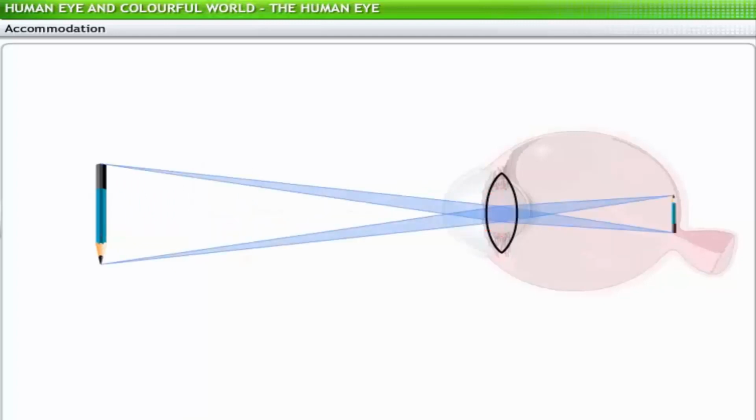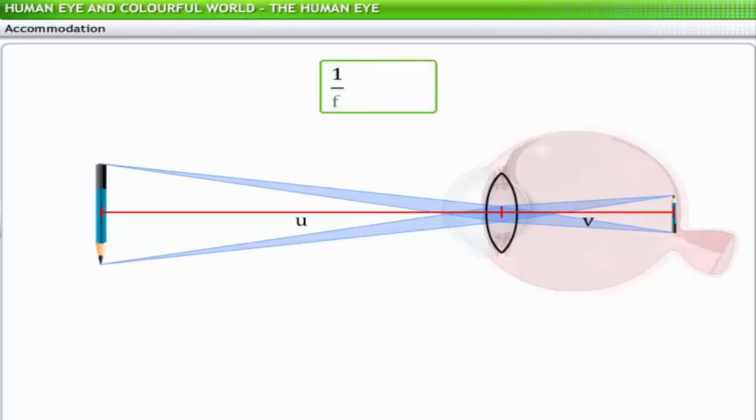Remember the relation between the object distance u, image distance v, and focal length f of a lens? Let's refresh your memory. The relation between the object distance u, image distance v, and focal length f is represented by the expression 1/f = 1/v − 1/u.